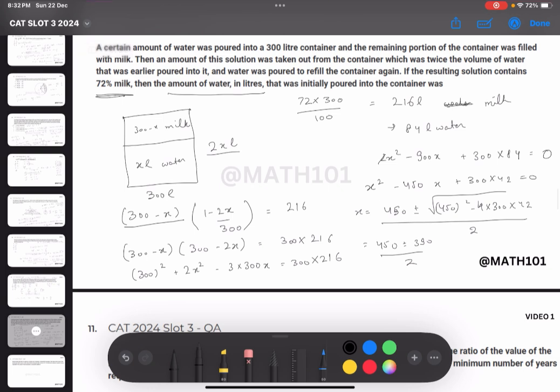Now clearly x is less than 300, so we'll take minus here. So 450 minus 390 divided by 2, this is 60 upon 2, this is 30. So x is 30, so the amount of water is 30, so answer is 30.